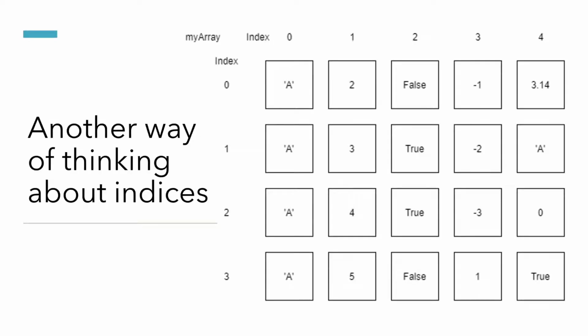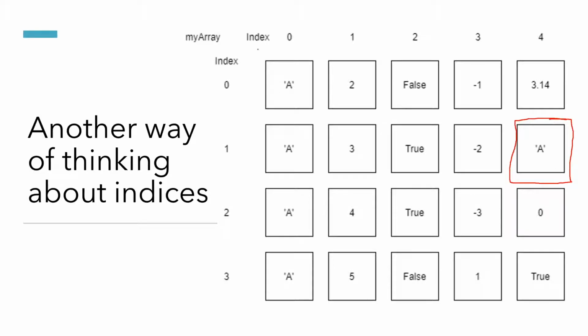So another way of thinking about 2D lists or 2D arrays is to think about them like matrices. Instead of thinking about them as a list of lists, if for some reason you're not really understanding it well that way, don't think about it as a list of lists then. Think about it as a matrix with coordinates. So let's say I want to access this element here.